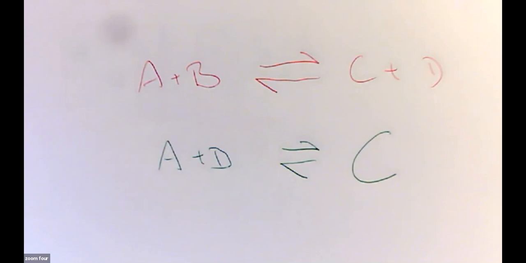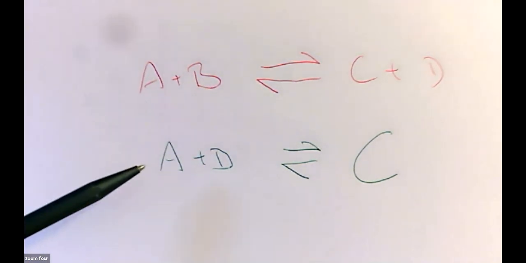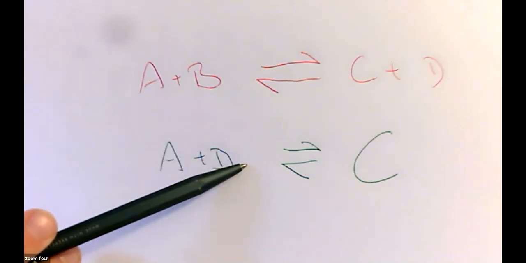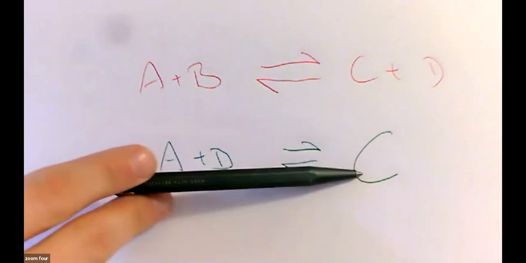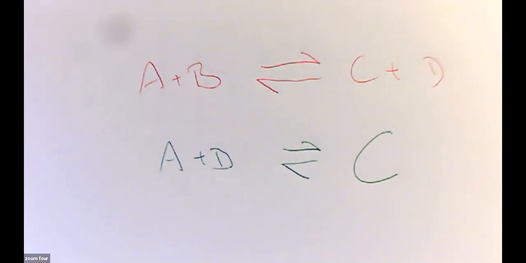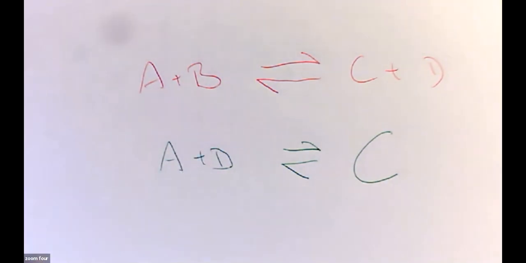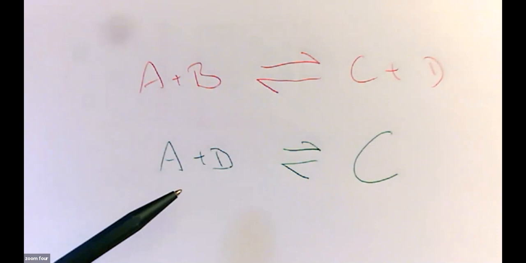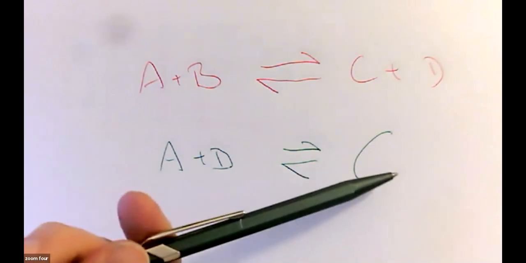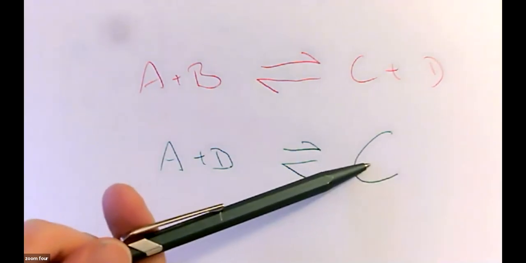Now, if this is contained inside a beaker or inside a container, A and B is 2 particles and C is only 1 particle. The size of the particle doesn't matter. There will be more pressure when we have 2 particles than when we have 1. So if the reaction is trying to reduce the pressure, it will move to this side to reduce the pressure.